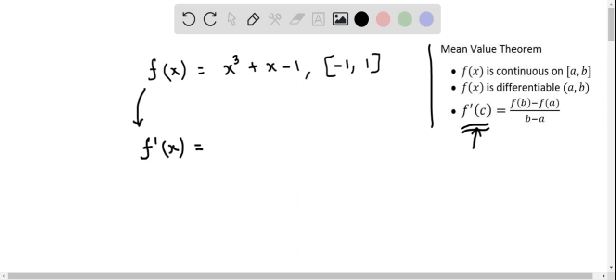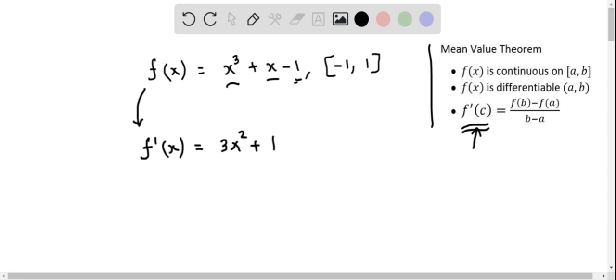I find the derivative of each term on the right side. The derivative of x cubed is 3x squared using the power rule, the derivative of x is 1, and the derivative of -1, which is a constant, is 0. So it's basically 3x squared plus 1.